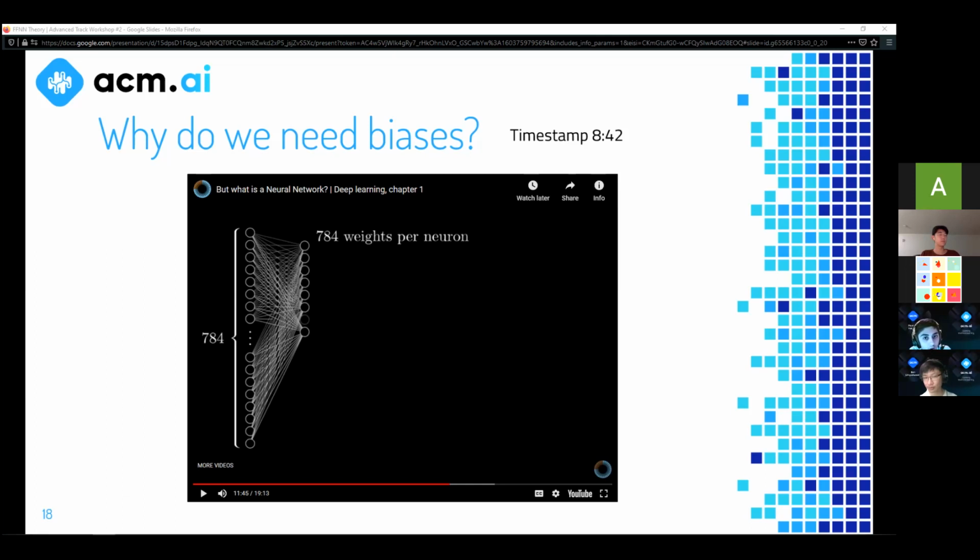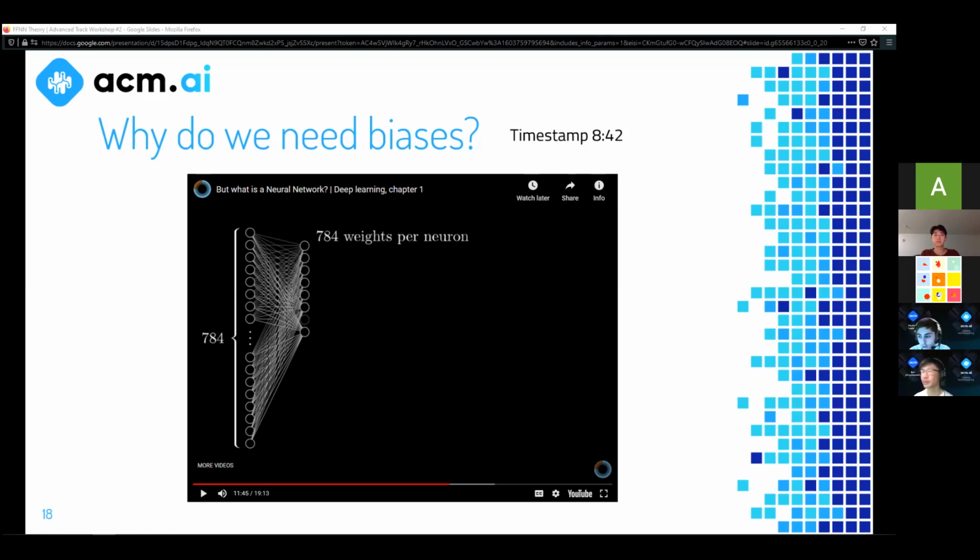And then that would mean that you have to have a very large value from your W1x, W2x, and so on, in order to actually see an activation there. So it forces the network to make very decisive and very confident decisions. So that's the way I like to think about the bias.